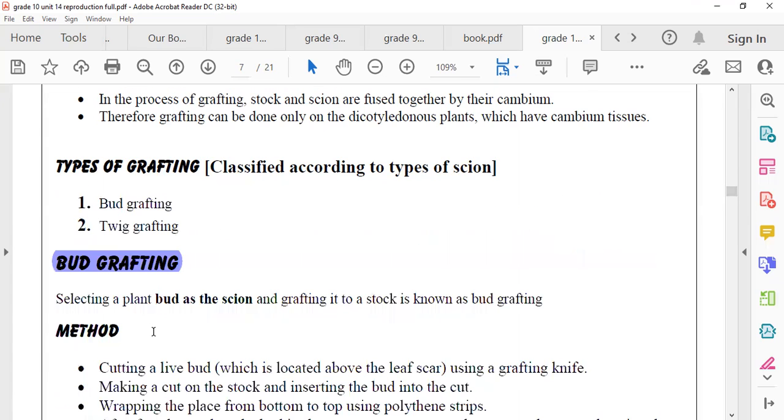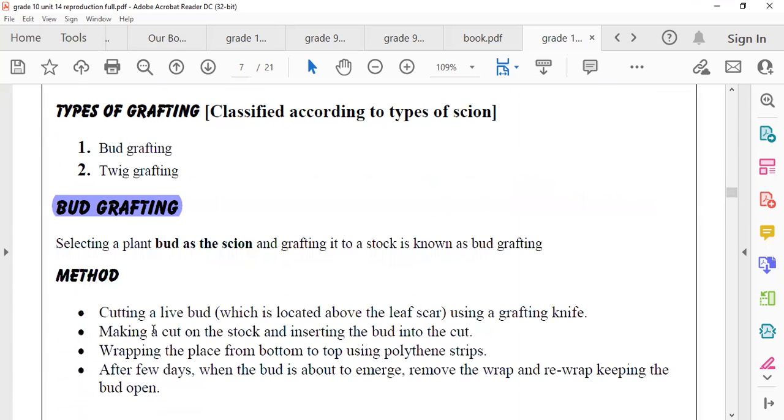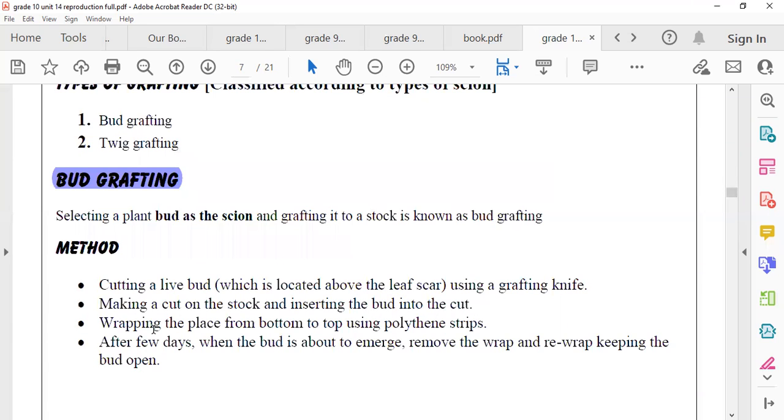And thereafter we come to the grafting types. One is bud grafting, the other one is twig grafting. In bud grafting, you have already been explained and given a video also.